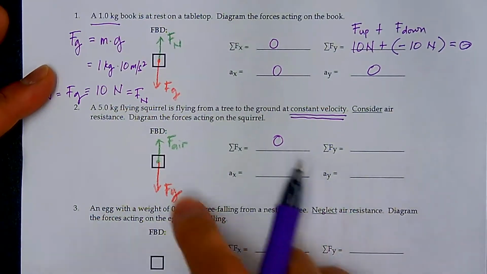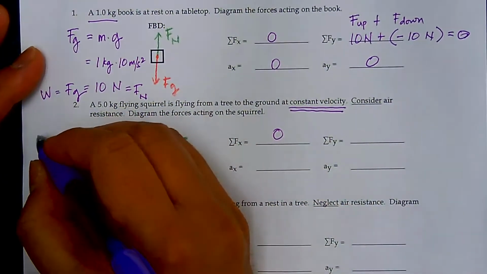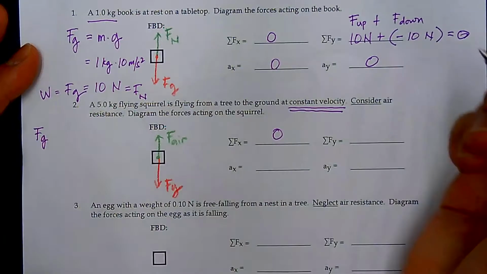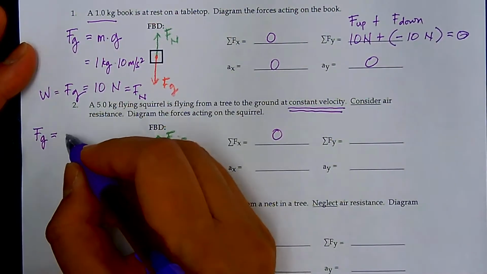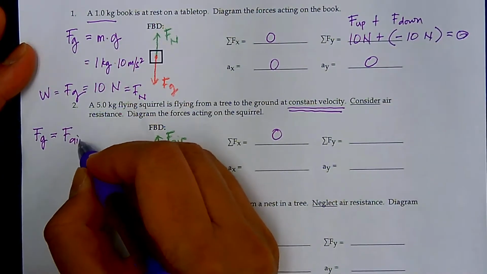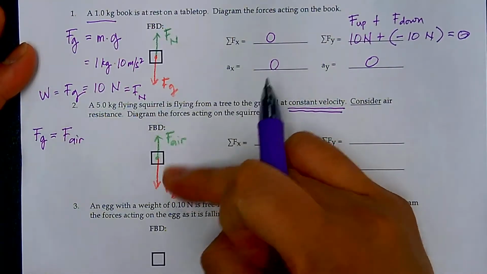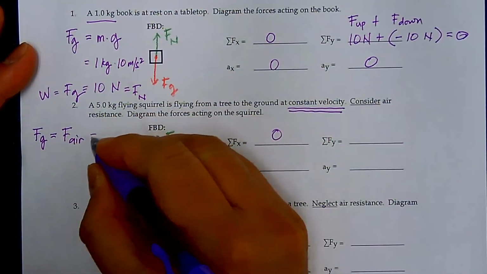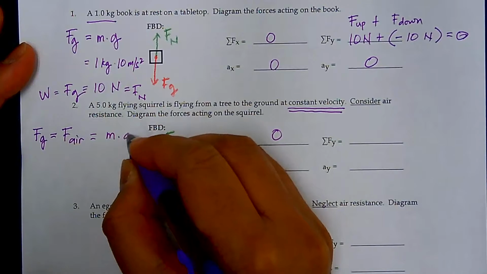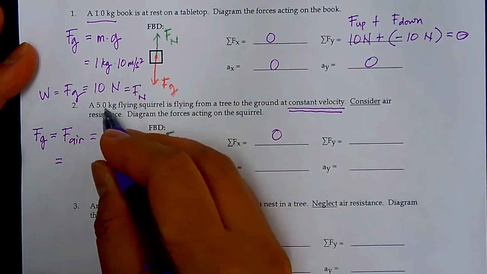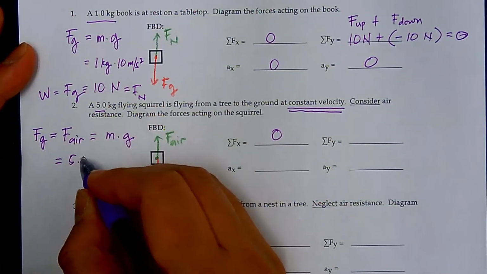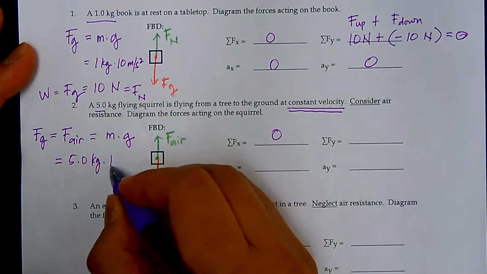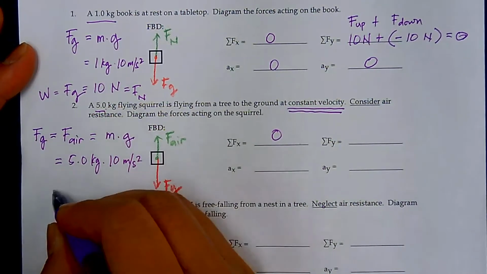Forces on the y, so if I'm going to find the force of g, it is equal to the force of air, because if you look, they have the same magnitude, so it's equal to mass times g. Mass is 5 kilograms and g is 10 meters per second squared.